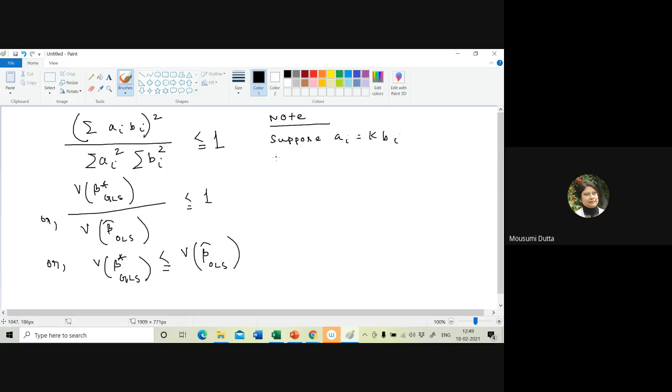This implies Zi by Xi is equal to K, because A was Xi Zi and B was Xi by Zi. So Zi square is simply K.